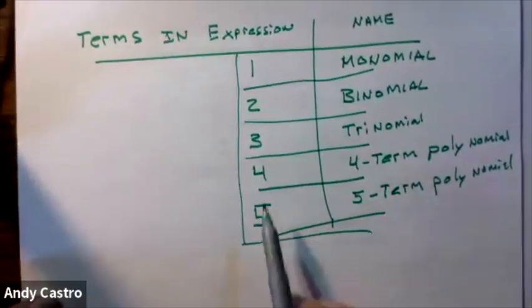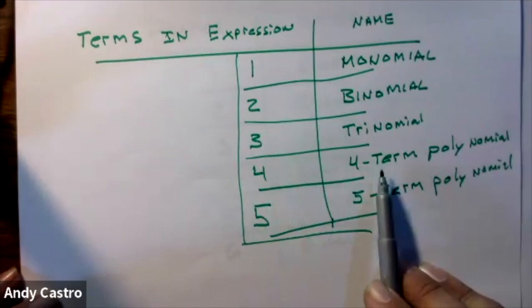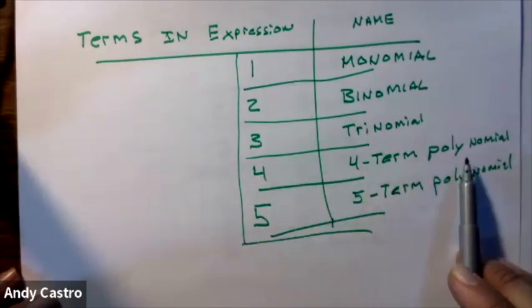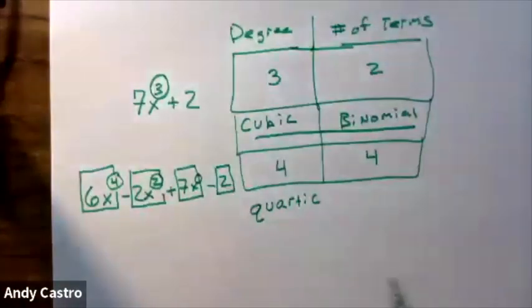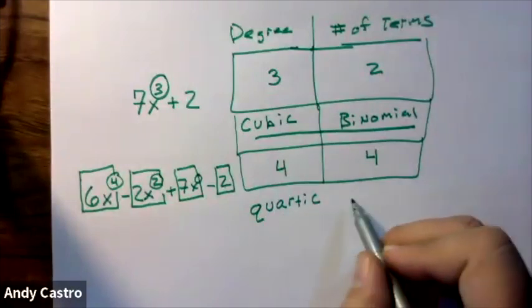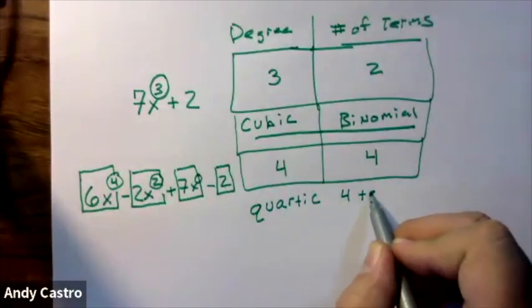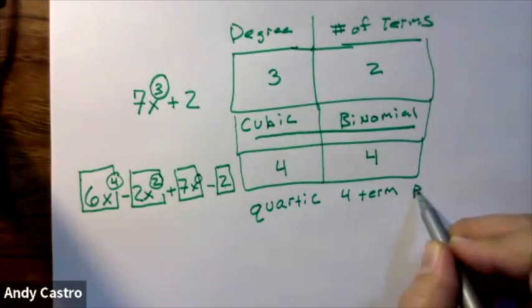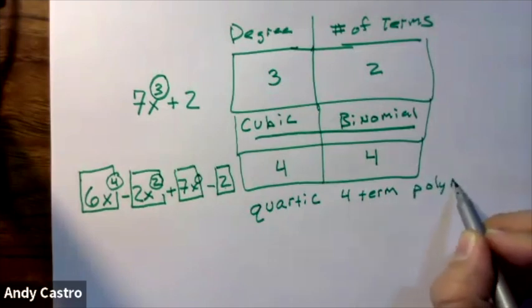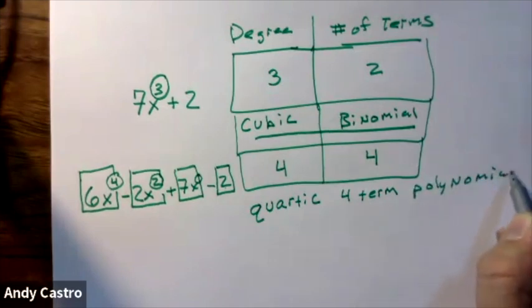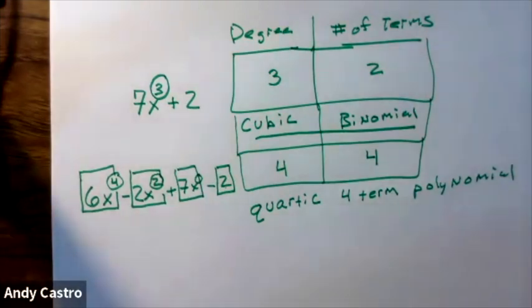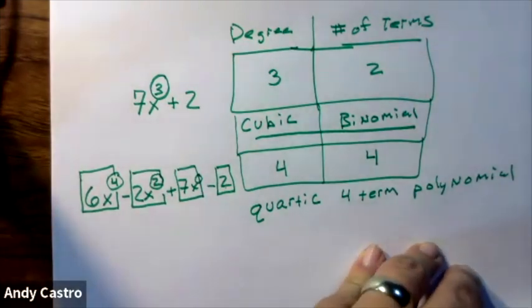The terms, this is going to be a 4-term polynomial. So this is going to be a quartic 4-term polynomial. All right. Let's do another one.